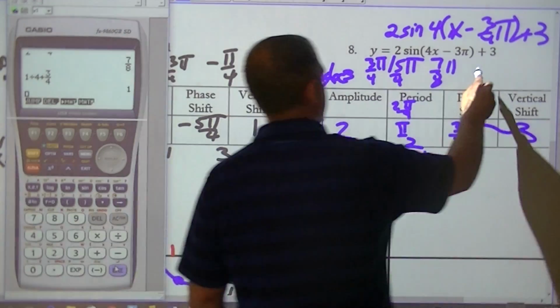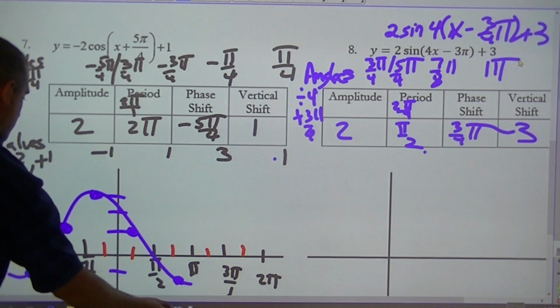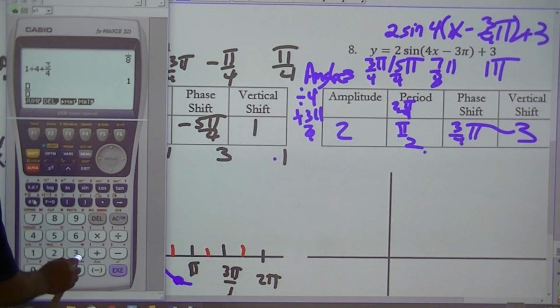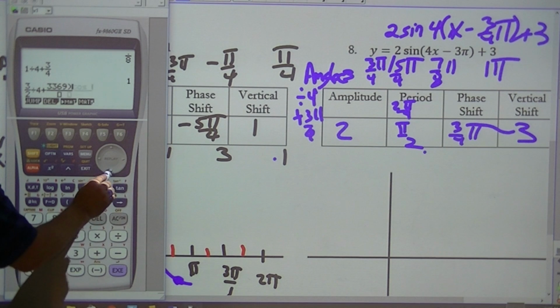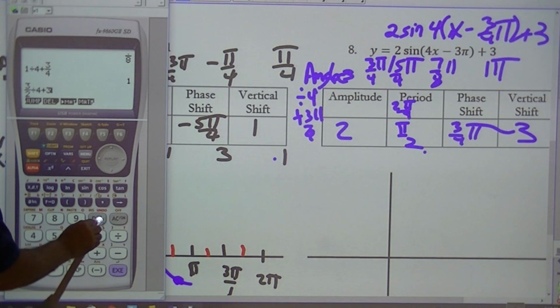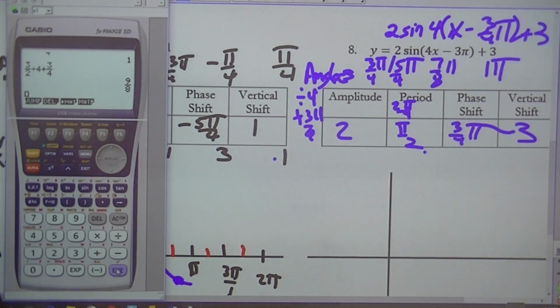It's going to be 1 pi. And then I'm going to go 3/2 divided by 4 plus 3/4. It's going to be 9/8 pi.